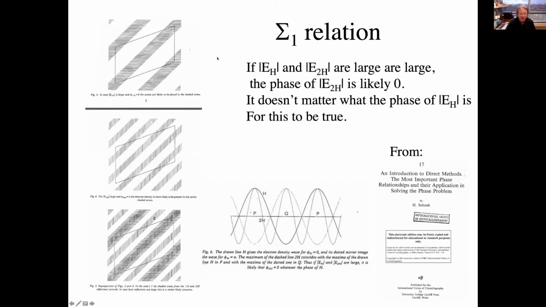Let's say we're looking down the C-axis at the 1, 1, 0 reflection. Let's say it has a phase of 0. So it would be a sine wave that's very positive here, very negative here, comes back to being very positive here.